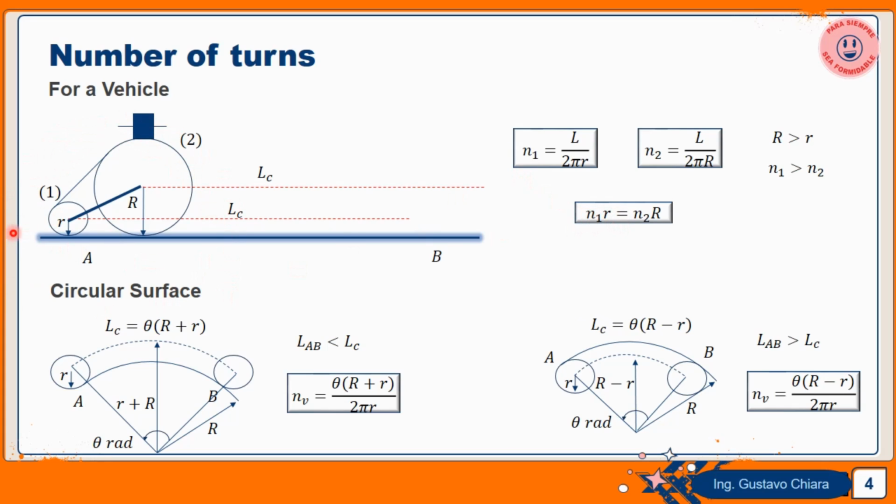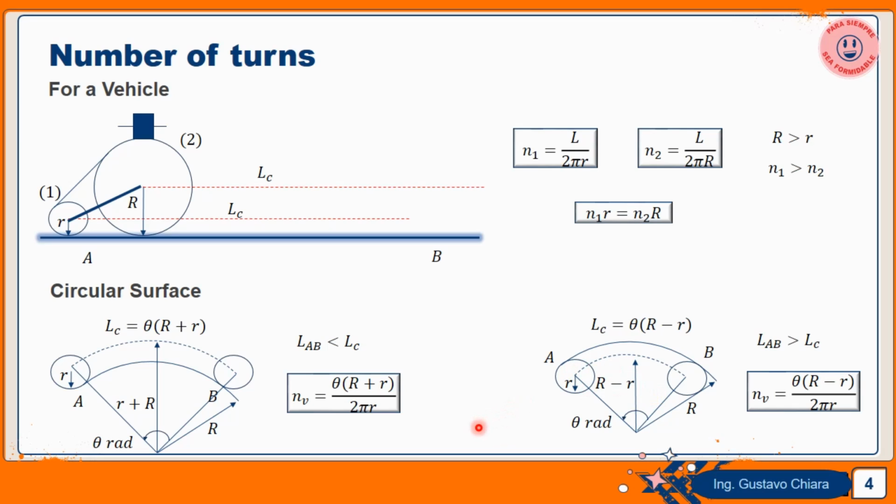But what happens in the case that you have a circular surface? In a circular surface, you have a wheel up on the mountain and under the mountain. It's just a way to say it. In that case, you can see the center of the wheel moves with a radius equal to the radius of the wheel plus the radius of the track.